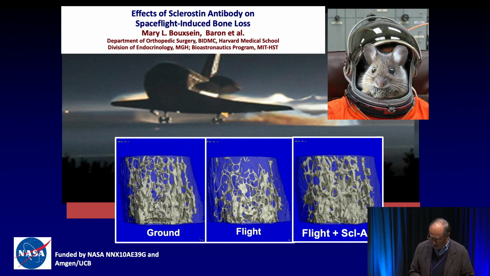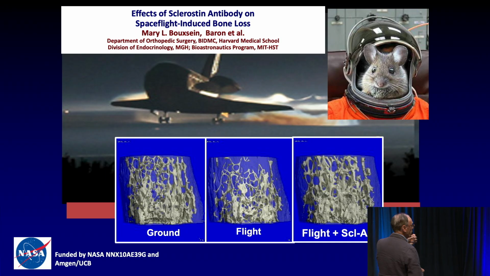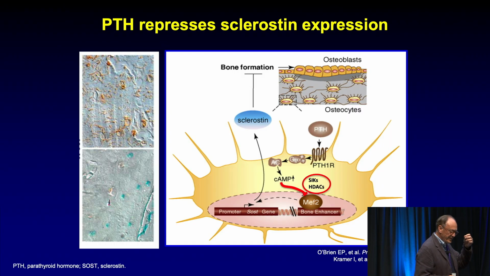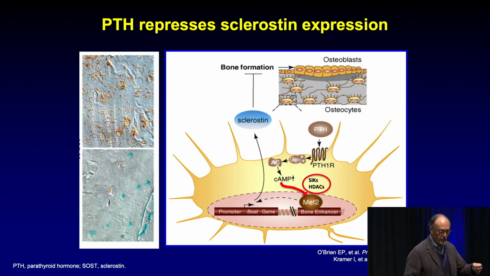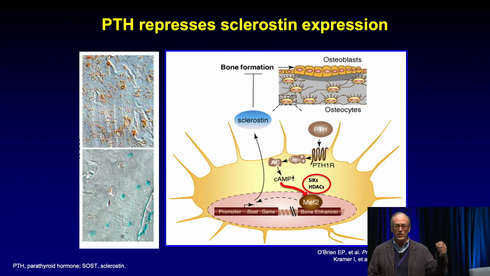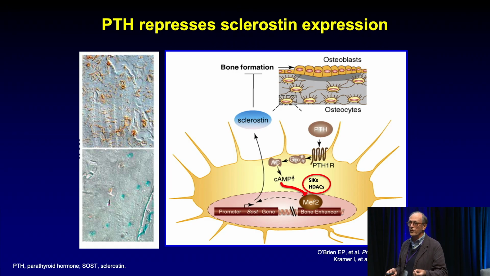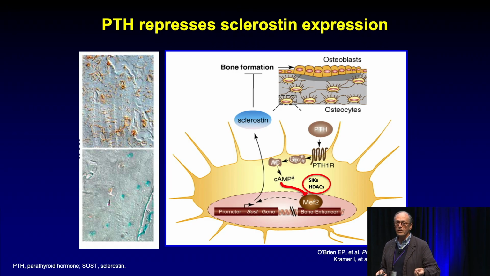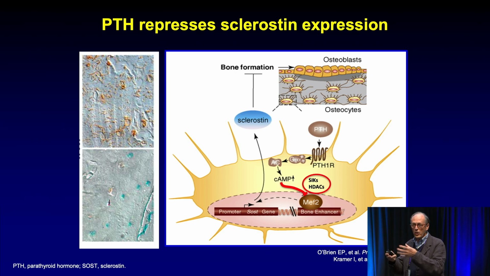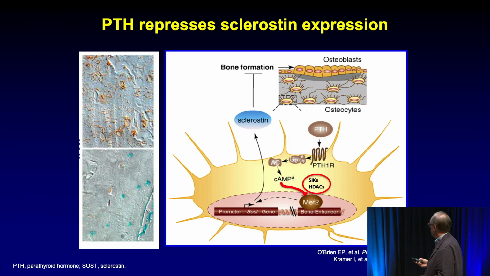What is very fascinating is that since we know that decreasing sclerostin is what happens when you load the skeleton, the idea was if we decrease the sclerostin expression, we are mimicking loading, right?